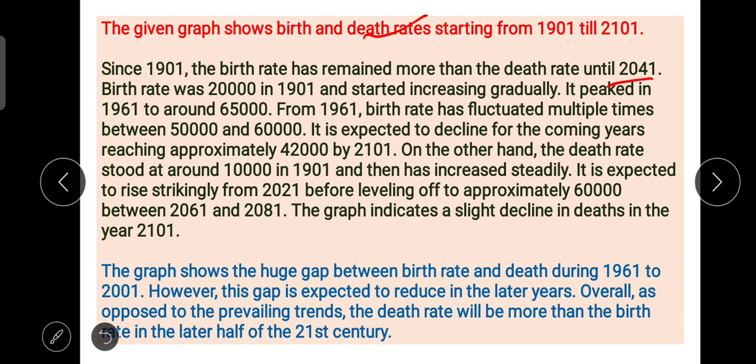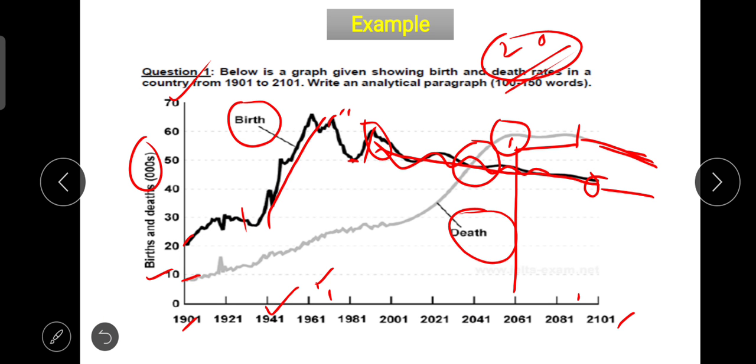On the other hand, now this is the contrast created between birth rate and death rate. The death rate stood at around 10,000 in 1901 and then has increased steadily. We can see the chart. In 1901, it was around 10,000, not exactly 10,000, but it may be 9,000, 9,500 or so.